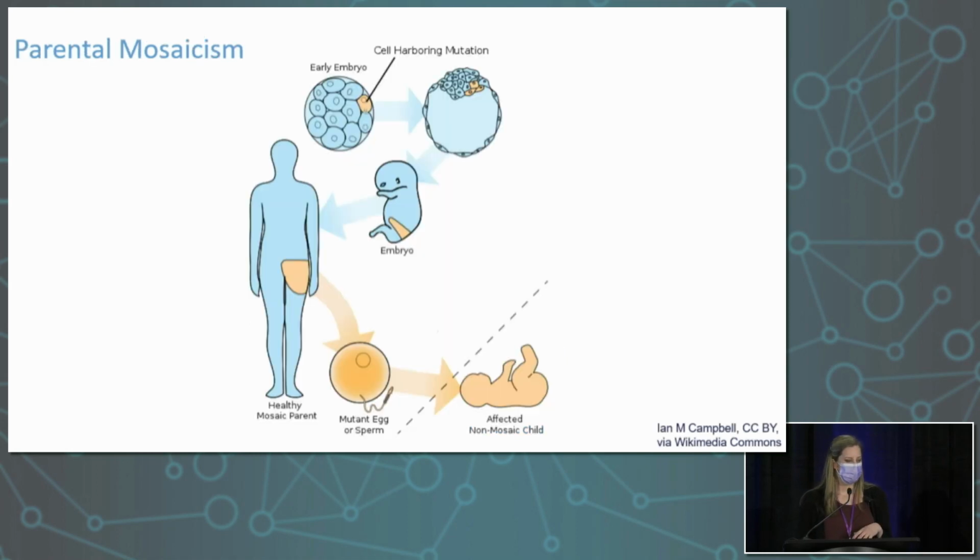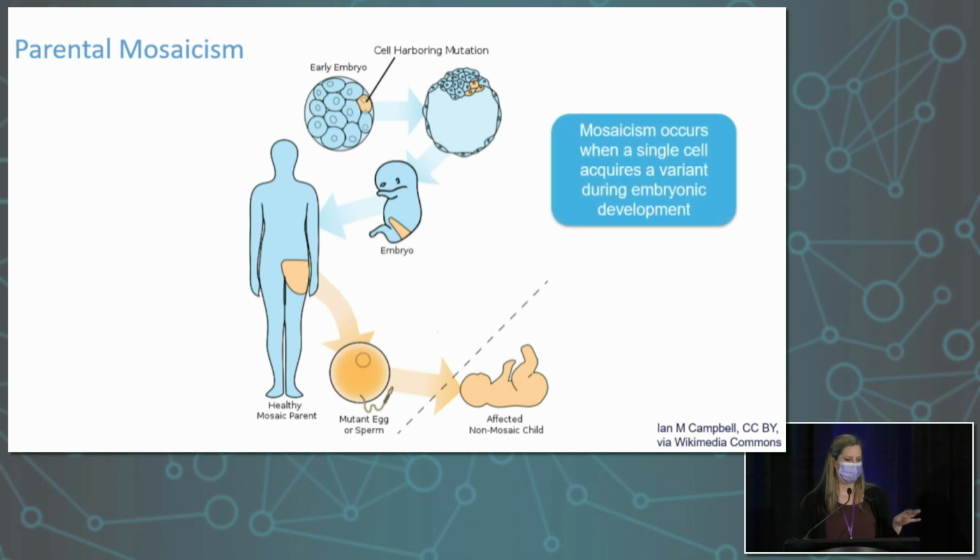One situation that is a little bit different, especially when we're seeing something that's de novo, is something called parental mosaicism. And that's when a parent has some cells with the CACNA1A change or whatever genetic change, and some cells that do not have it. So this is something that occurs when, while in an embryo, the parent develops a change, and so then parts of their body develop with the change, parts develop without the change.